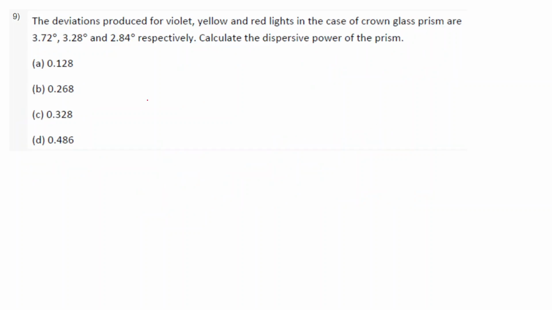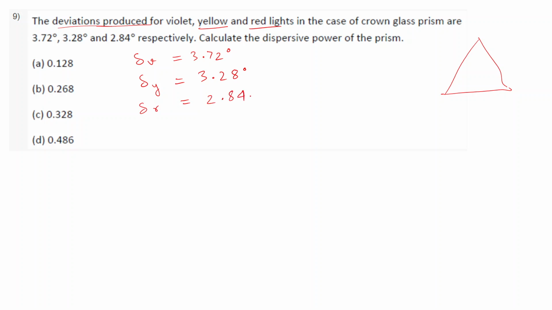Okay, so the next question, question number 9. The deviations produced for violet, yellow and red lights in the case of a crown glass prism, some prism again, we have been given. So the deviation for violet light is 3.72 degrees, for yellow light is 3.28 degrees, and for red light is 2.84 degrees.